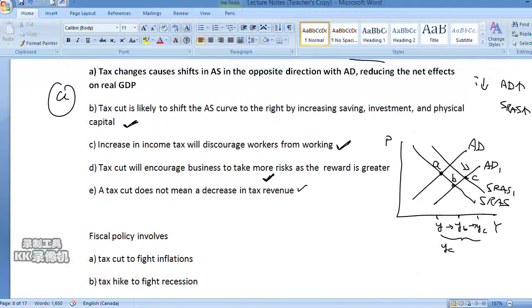So although the tax rate is lower, we are looking at E. Although the tax rate is lower, because output is more now, income is higher, so the overall taxes that the government can collect might increase.